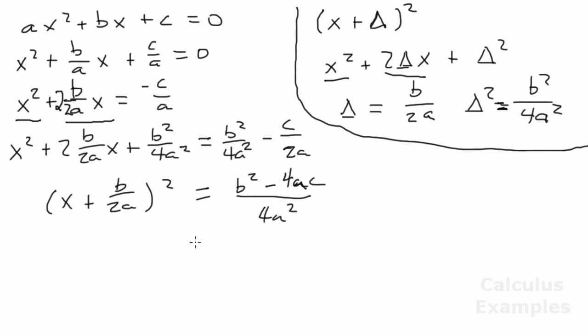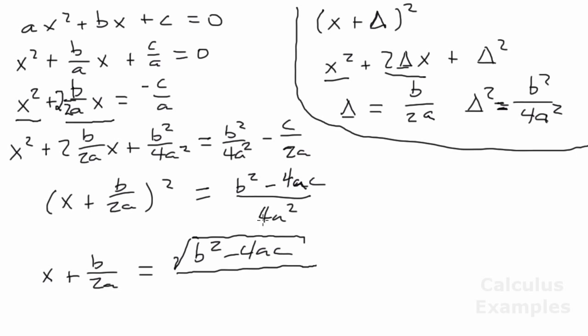And it's at this point we take the square root of both sides, which gives us x plus b over 2a is equal to the square root of b squared minus 4ac, divided by, not the square root of 4a squared, because we can easily take that square root, so we just put in the square root instead, which is 2a.